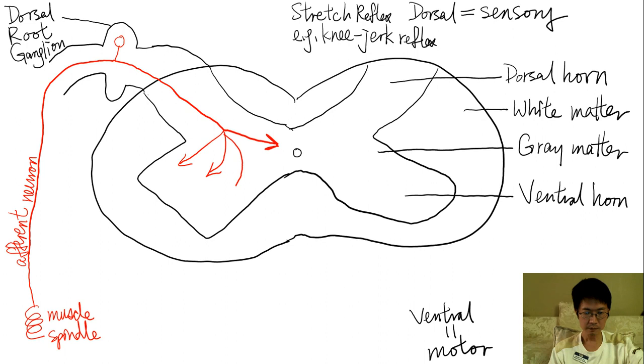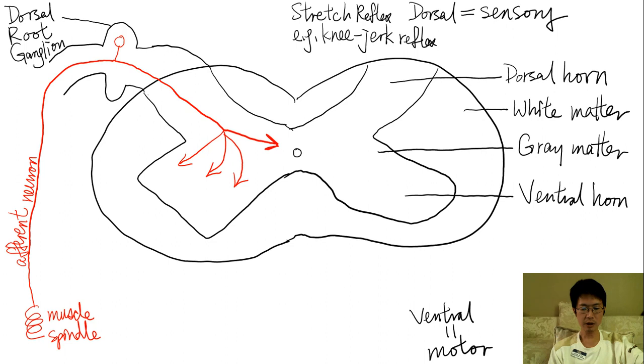Four different ways, okay? Four ways. Let's talk about the easiest one. So arrow means excitatory axon terminal.